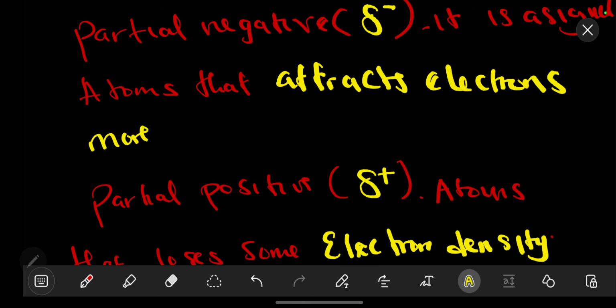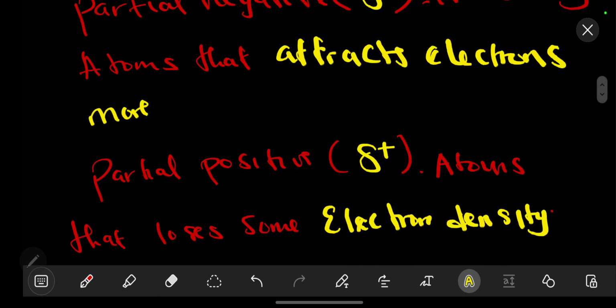Now when you look at the partial positive, we are referring to atoms that lose some electron density. They act as the positively charged ones, because they are not attracting electrons as effectively as the partial negative.